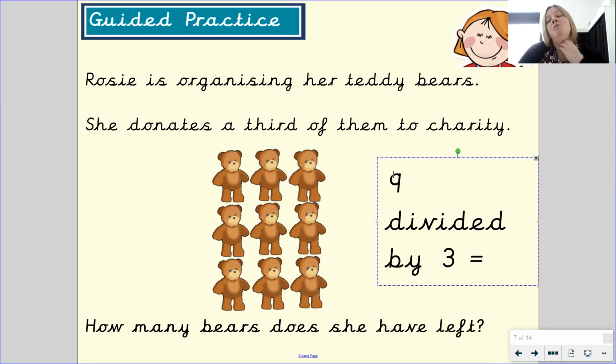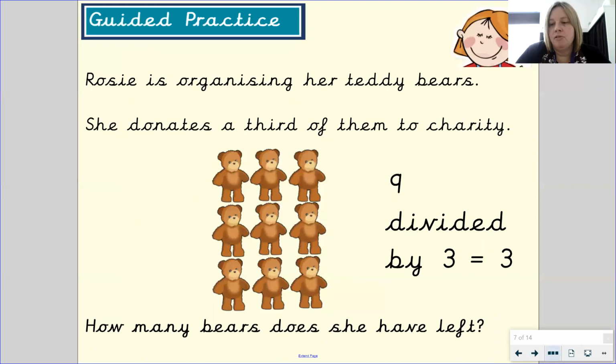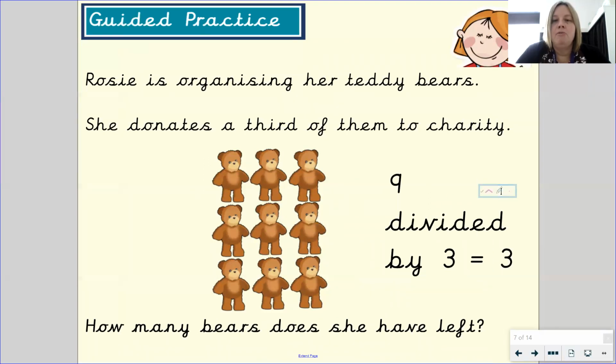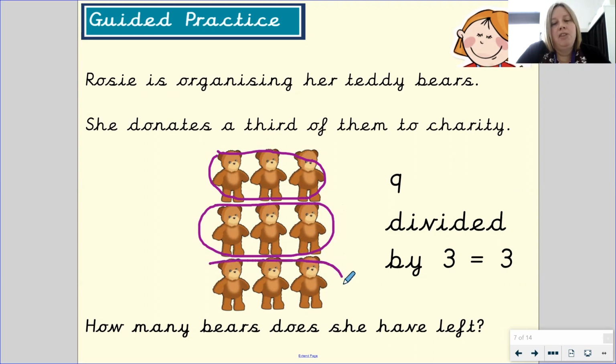And we know that the answer to 9 divided by 3 is 3. So I can draw around the teddy bears to make equal groups of 3. So here is one group. Here is my second group of 3 bears. And here is my third group of bears.